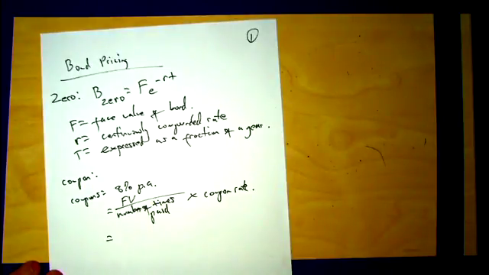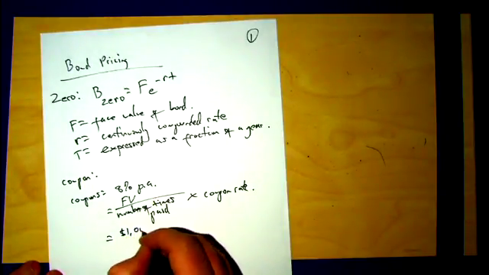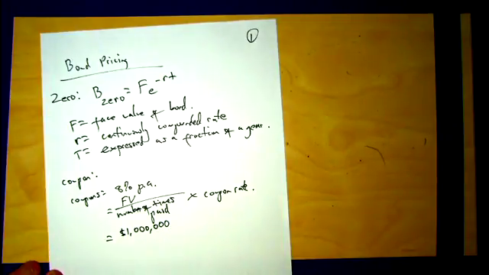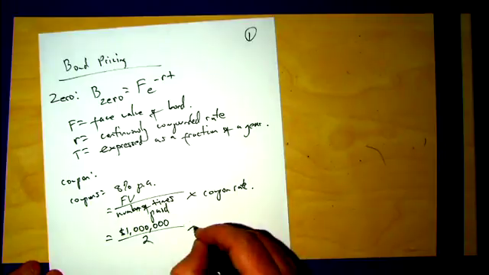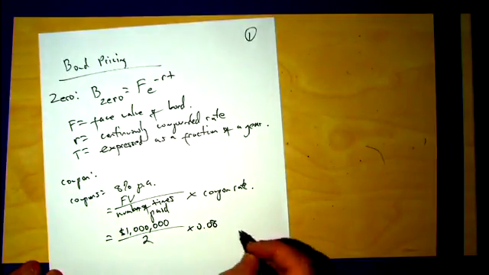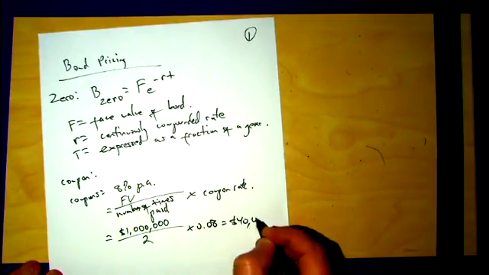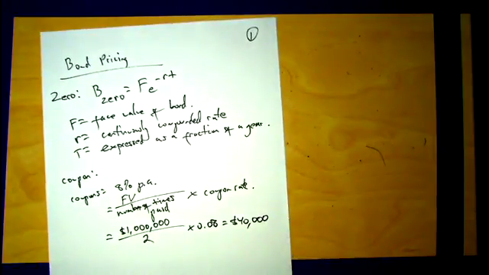In the question in your lecture notes, you're told the face value of the bond is $1 million. Coupons are paid twice a year, and your coupon rate is 8%. That gives you $40,000 as the value of each coupon.